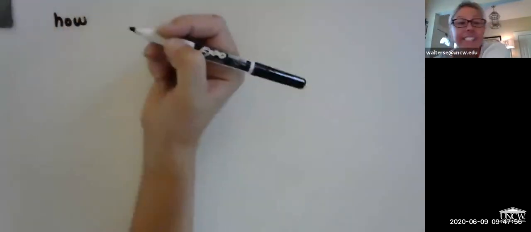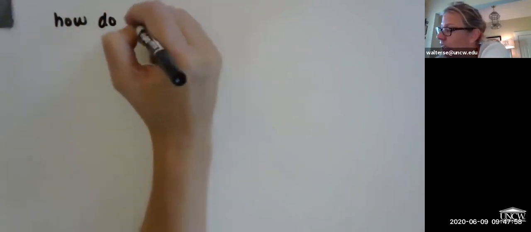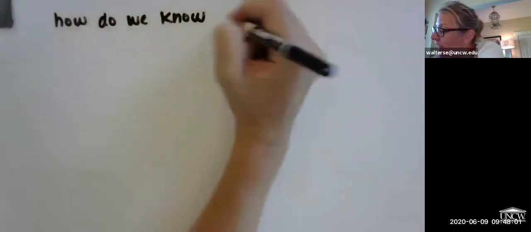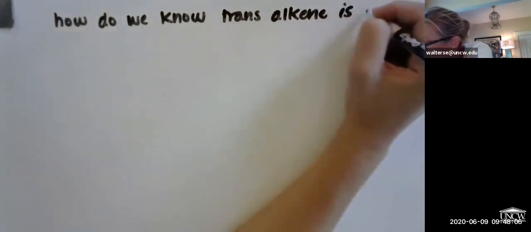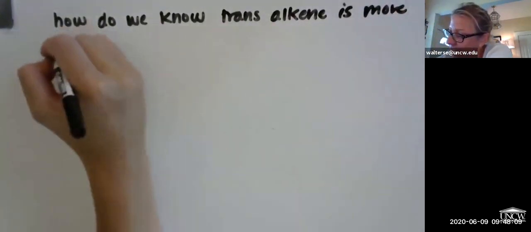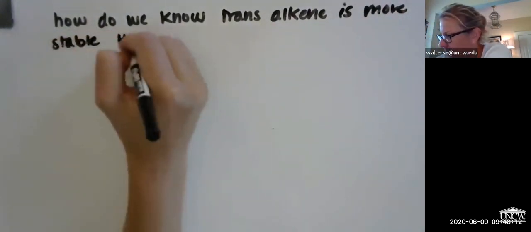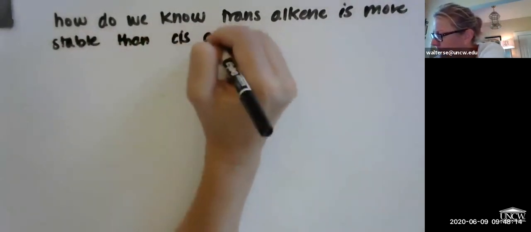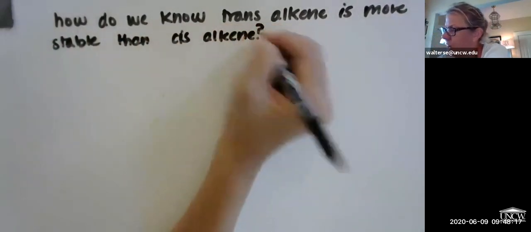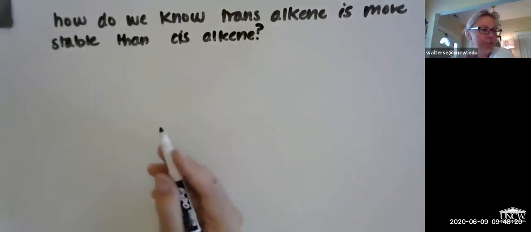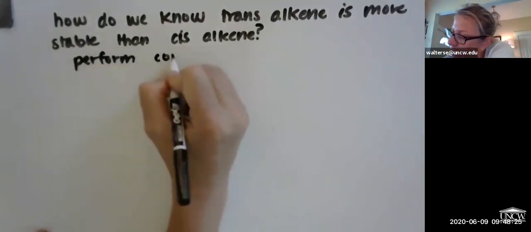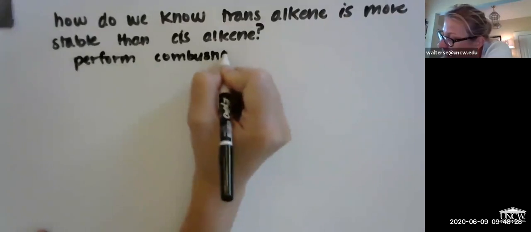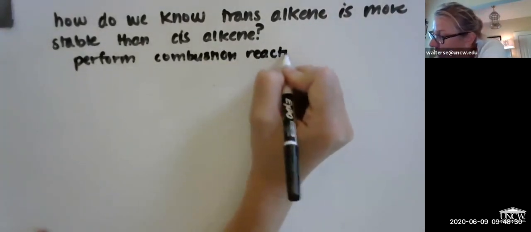So what we would say is, how do we know, or what is the evidence? How do we know that a trans alkene is more stable than a cis alkene? And the answer to that is we perform a combustion reaction in a calorimeter.